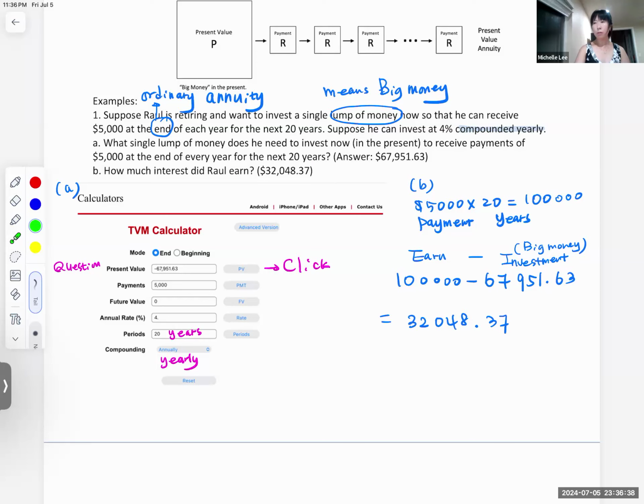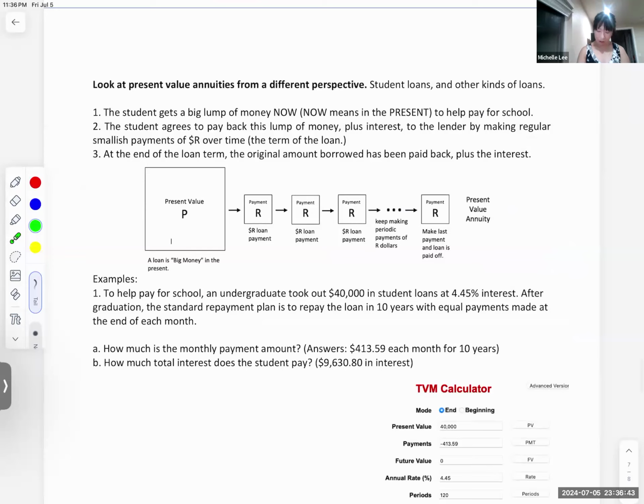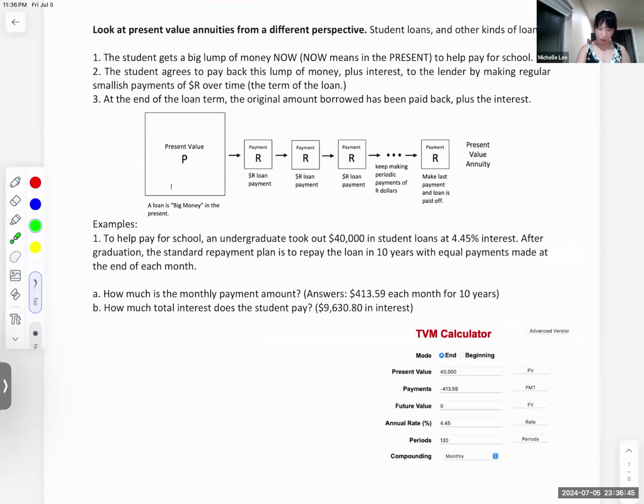Okay, now looks like the last one. Same thing. The student gets a big lump of money now, the present, and then pays off the loan, right?